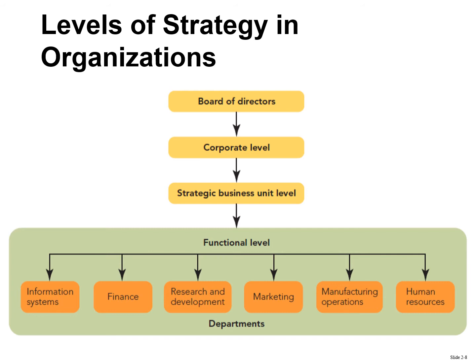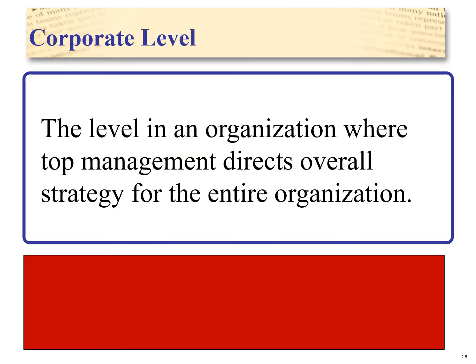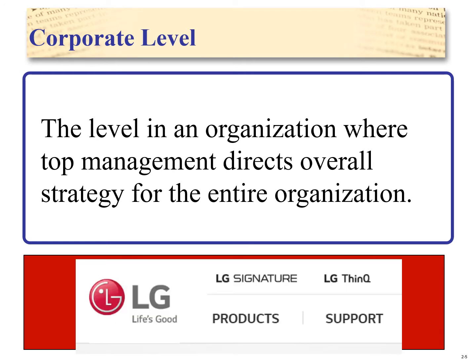The top one, the board of directors, basically represents shareholders, and then the corporate level is next to the board of directors, which is the level in an organization where top management directs overall strategy for the entire organization. So the corporate level is practically the top level management that's responsible for designing the overall strategy for the entire organization.